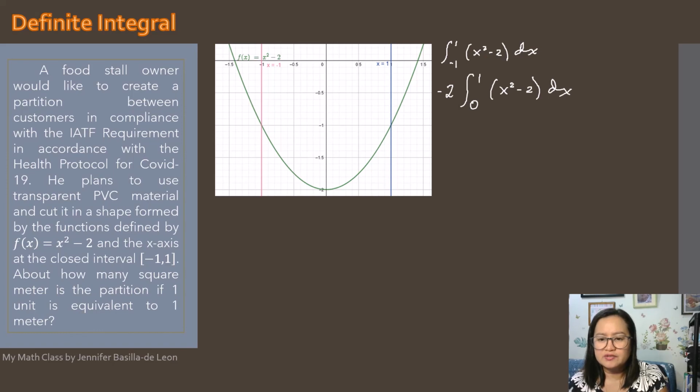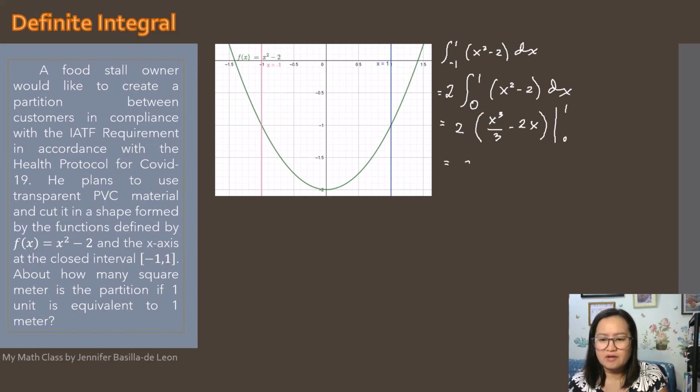So getting the antiderivative of the given function, we will have x cubed over 3 minus 2x, evaluated from 0 to 1.